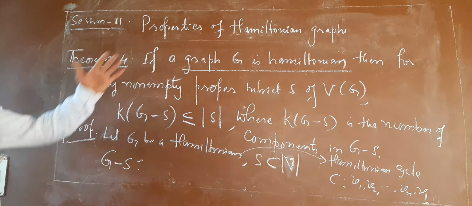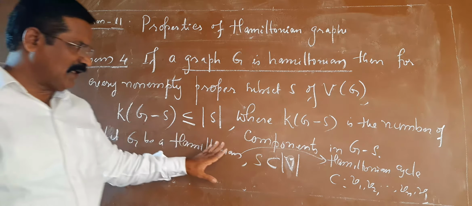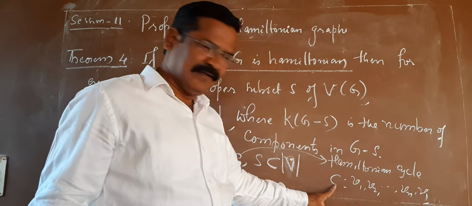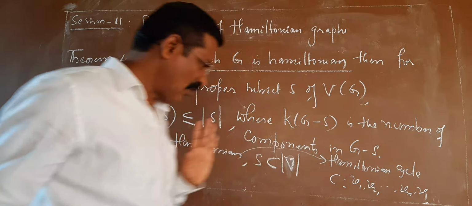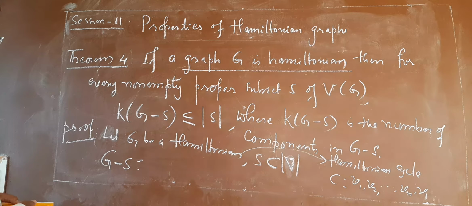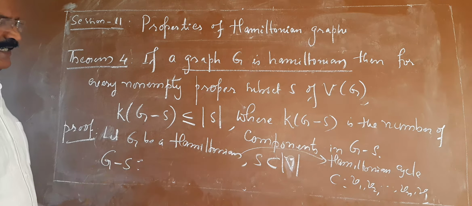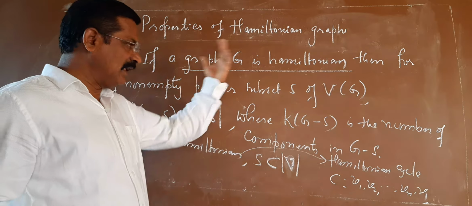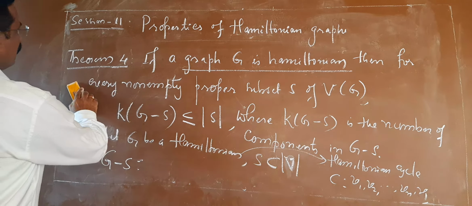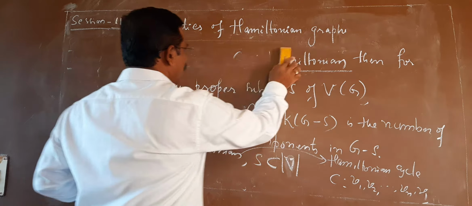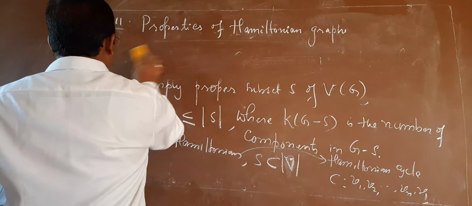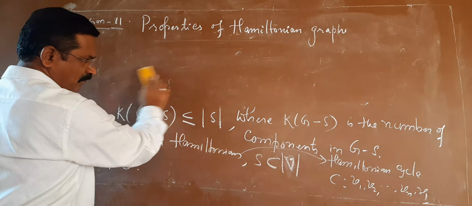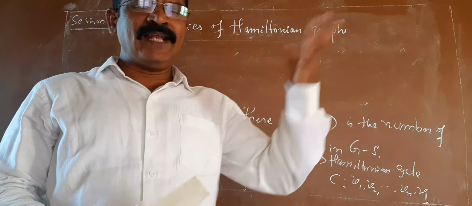What is given in the statement? G is a Hamiltonian graph. When G is Hamiltonian, definitely there exists a Hamiltonian cycle C. Now, if I consider the graph G minus S, deleting the elements of S from the graph G, we will get a disconnected graph containing, say, n components.